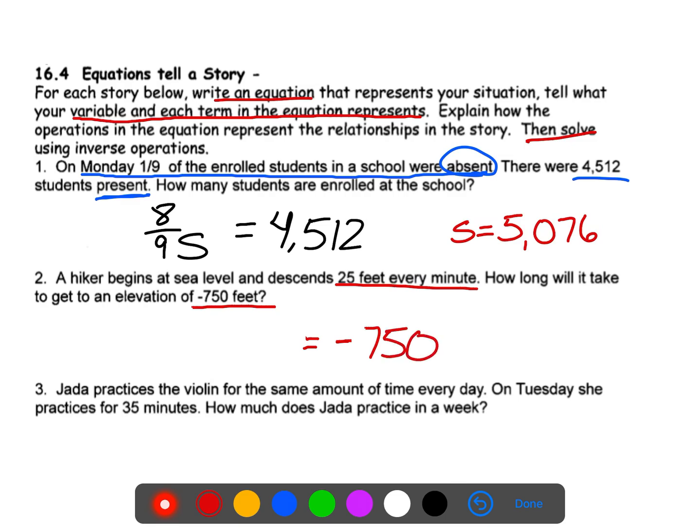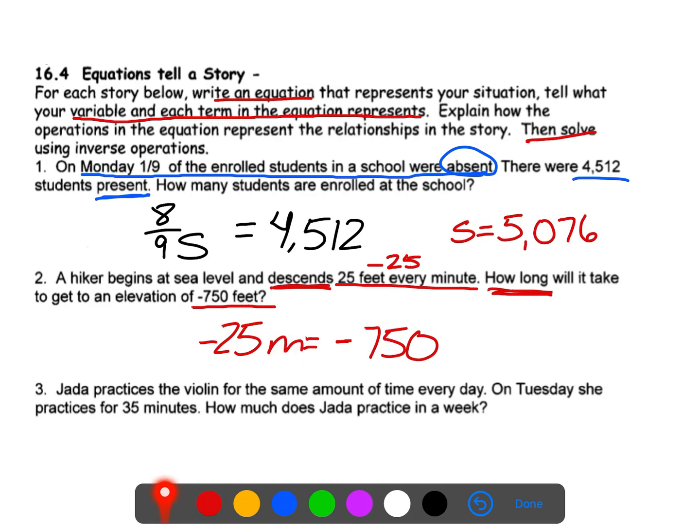The way the hiker gets there is every minute descending, that's an important word there, descending 25 feet every minute. This should really be represented by negative 25 feet per minute. So we're going to take that times what's missing here in the equation, how long, that's going to be our variable.